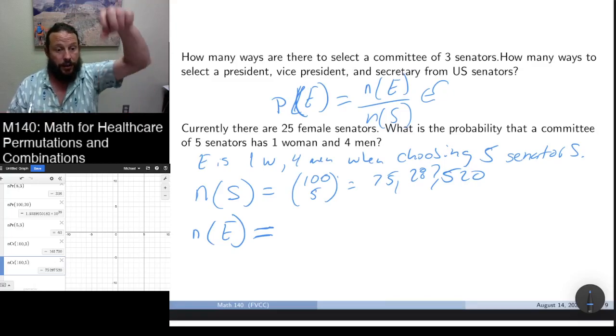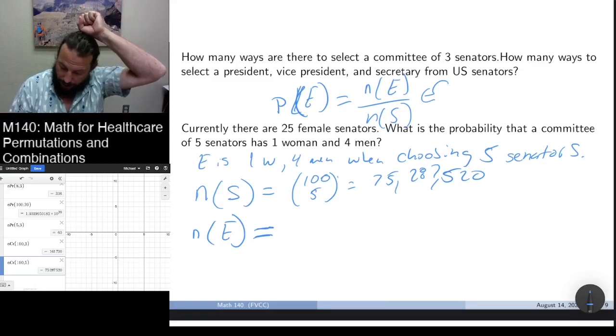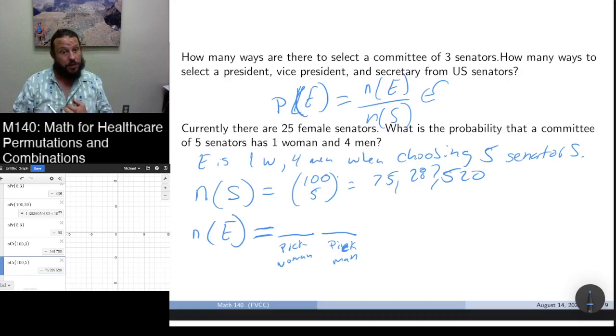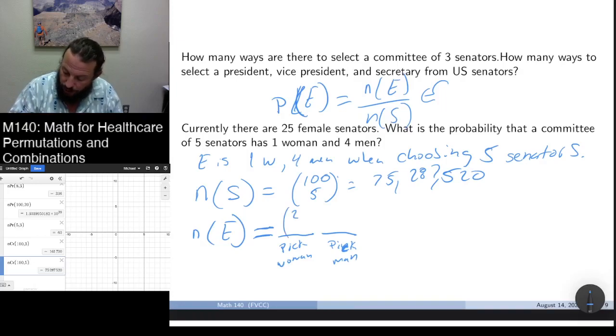How many ways can I pick the woman? And how many ways can I pick the man? So notice this is using our multiplication principle with the combinations that is possible. Well, there is 25 women, and I'm choosing 1, right?